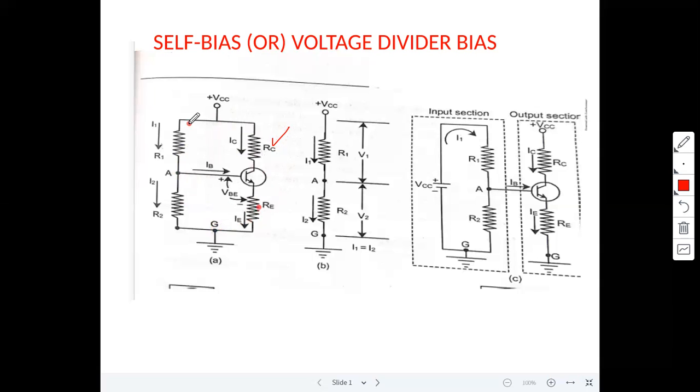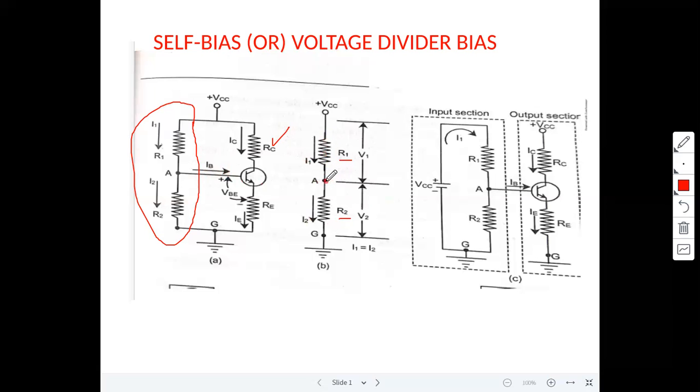Now, this is the input section. These two are separately drawn here. Two resistors are connected in series, neglecting the very small base current. This is R1, this is R2.